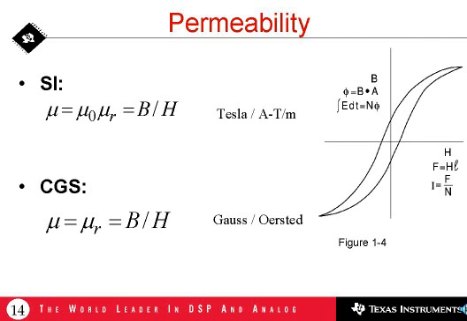Now, to quickly run through the transformation of axes as we did before, if we look at the B and H characteristic, the slope on this set of axes is what we call permeability, the ratio between flux density and field intensity.